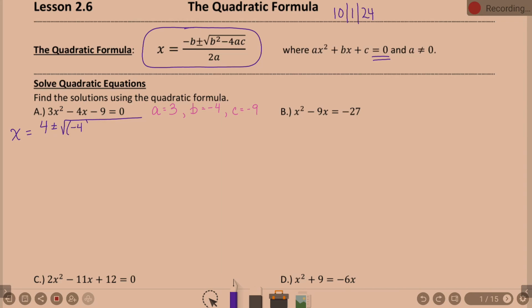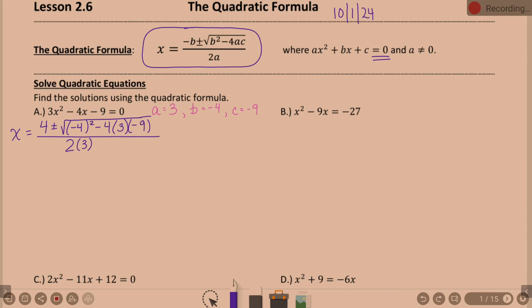So, I'm going to write it as negative 4 in parentheses squared, minus 4 times a, which is 3, times c, which is negative 9, all over 2a. So 2 times 2. Okay? As you get better at this, you may decide you don't feel the need to do some simplifying as you go. But my encouragement is always to do what you can here.